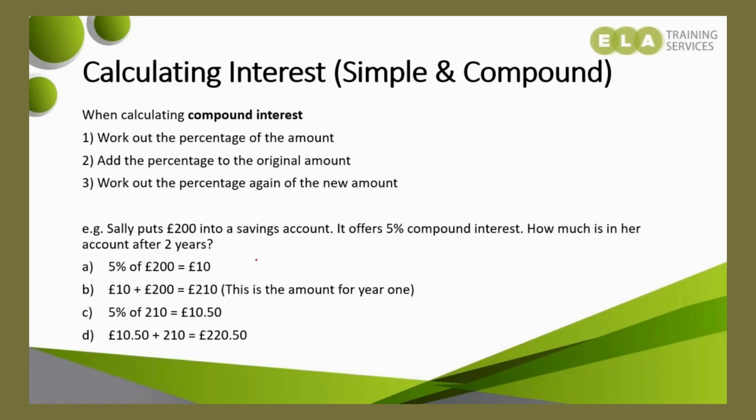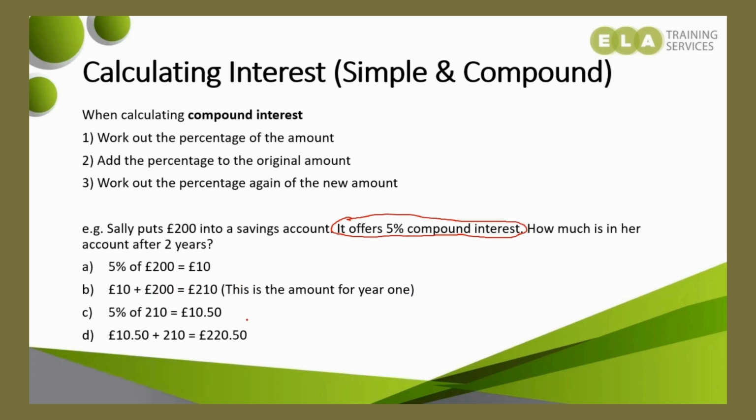So for example, same premise, Sally puts £200 into a savings account. Now it offers 5% compound interest. How much is in her account after 2 years? So we do 5% of 200, which we know is 10, and we find the amount for year 1 by doing 10 add 200, which is 210.